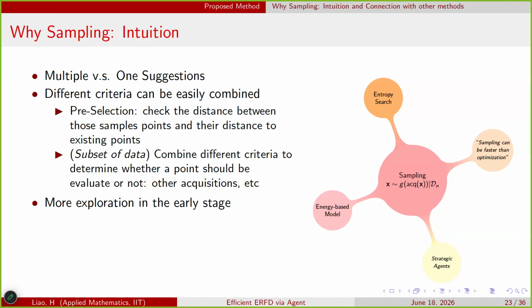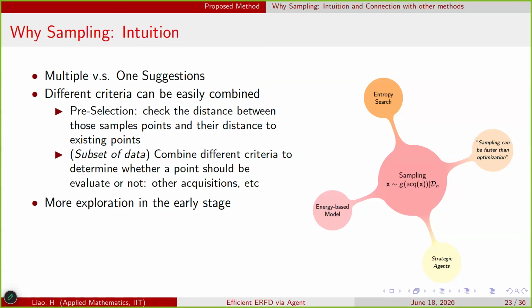Also, because of this kind of design, we can use different criteria or the pre-screening parts. It means we don't need to do a very complicated optimization problem, because we already use sampling, we can get a pool of candidates and then do selection based on these candidates, which is like the pre-screening part or the indicator function for the selection of these candidates to satisfy the distribution.